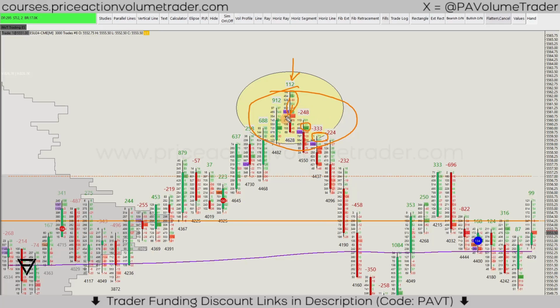And so this indicates there are still big passive limit sellers defending this 55, 60s level. And then you can see we had a very nice reaction right around yesterday's high, which was right around this level. And then again, a reversal down.